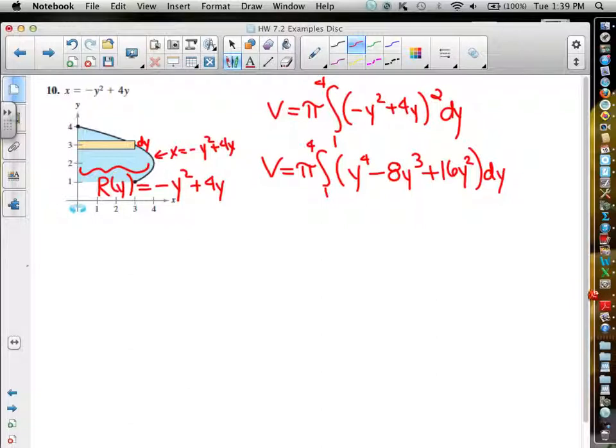Great, and then we can do power rule. Y to the 4th becomes, oops, not an integral. Hold on. There, here we go. Y to the 5th over 5. Good. You got it.